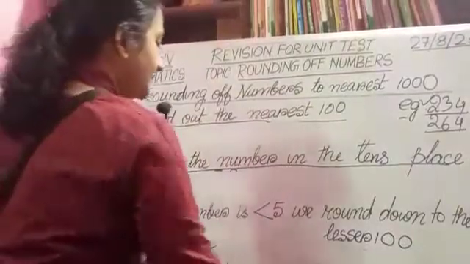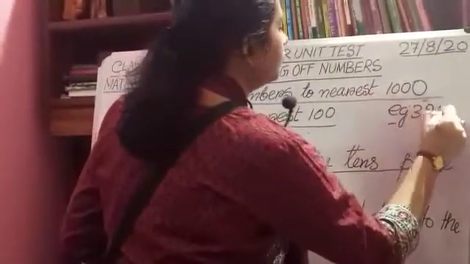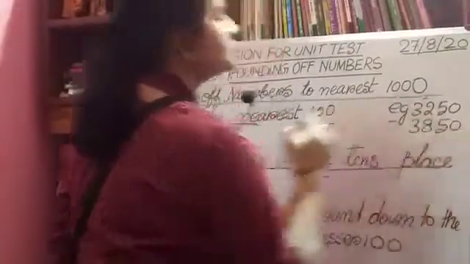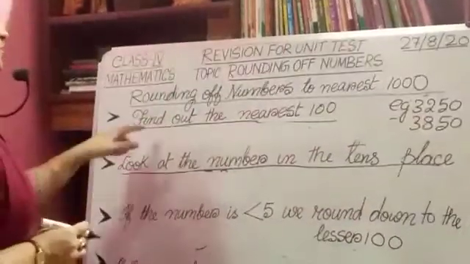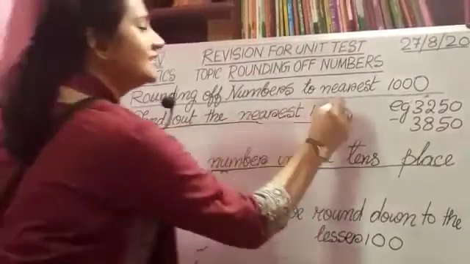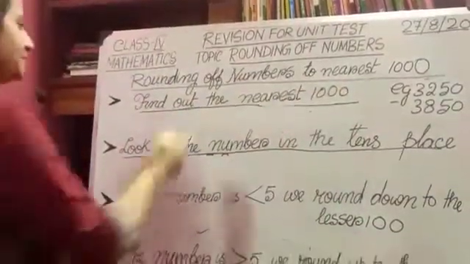Now, here again I consider two numbers, right? I consider 3250 and 3850, right? So, what was my basic step? First basic step, find out the nearest. This time it will be 1000, right?